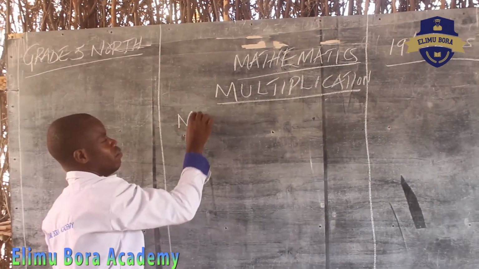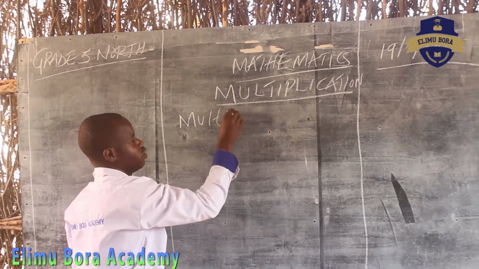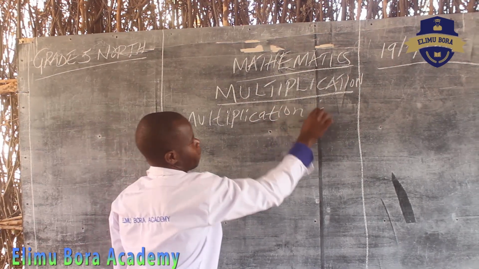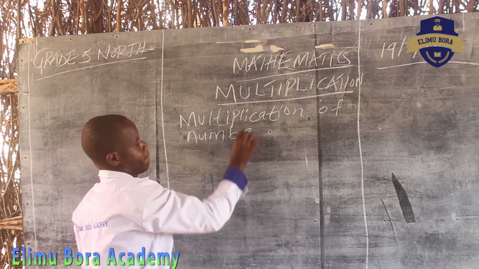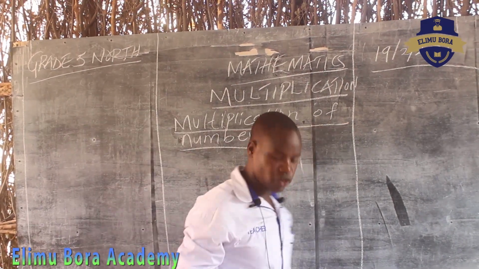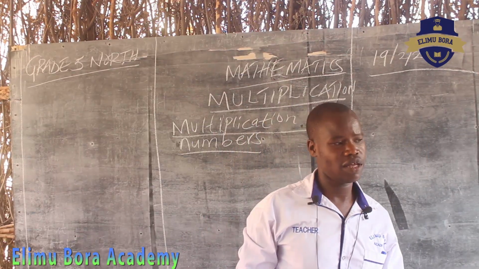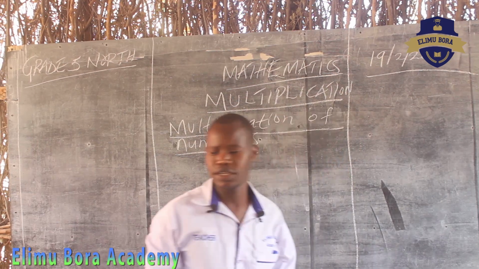So we want to look at multiplication of numbers. So when we talk of multiplication of numbers, we are multiplying numbers, 2 digits, 3 digit number with 2 digit number.